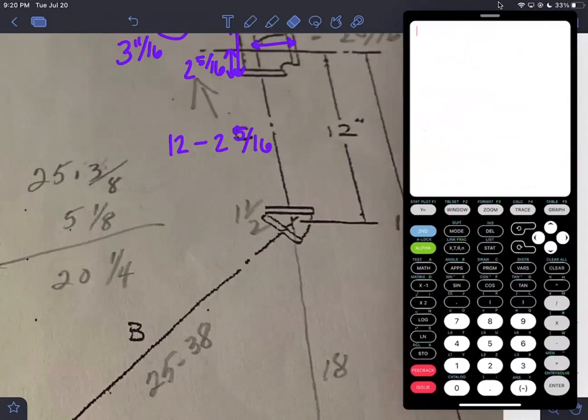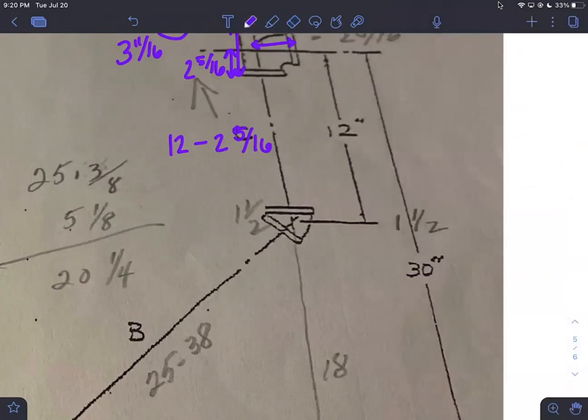Oh, hold on, let me check that. Yeah. So this is 11 16/16 because I just took one of the ones and turned it into a 1. So any number on top of itself is a 1. And then this is a 2 5/16.